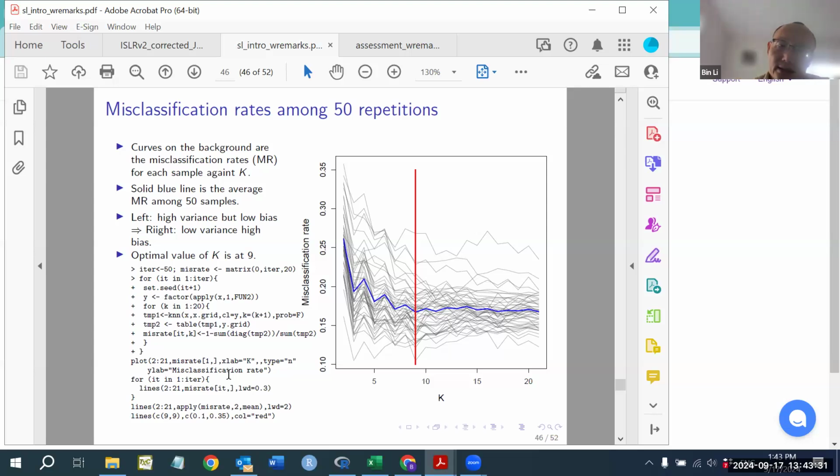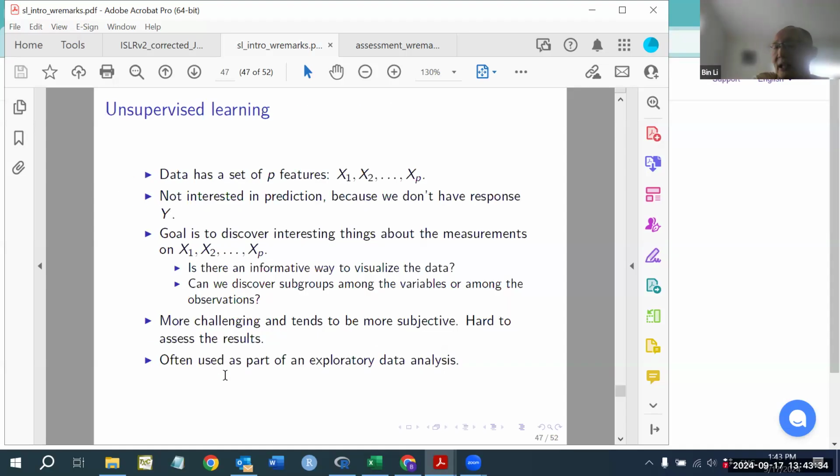Okay, so let's start the unsupervised. I will just briefly introduce unsupervised learning. For unsupervised learning, as I said at the beginning, we only have X variables. We don't have a response variable, called a supervisor.